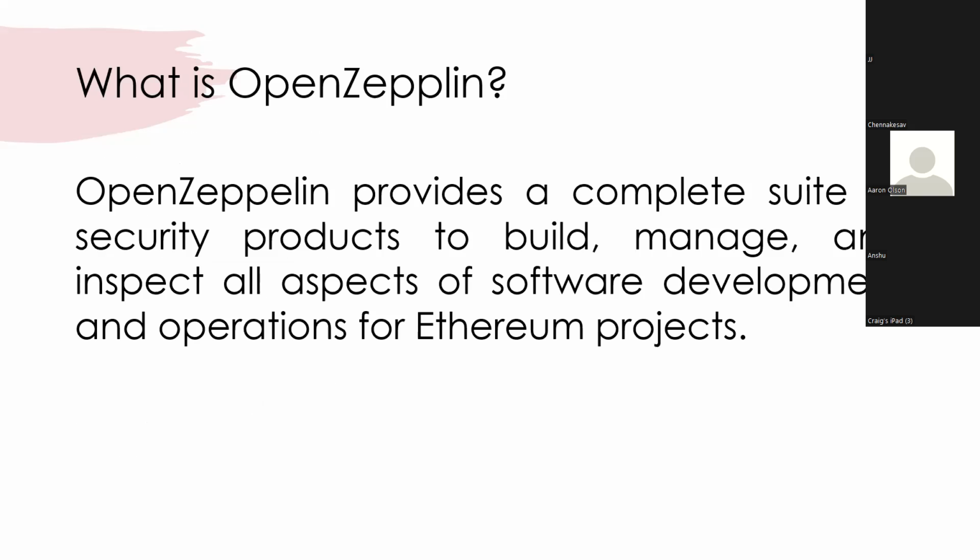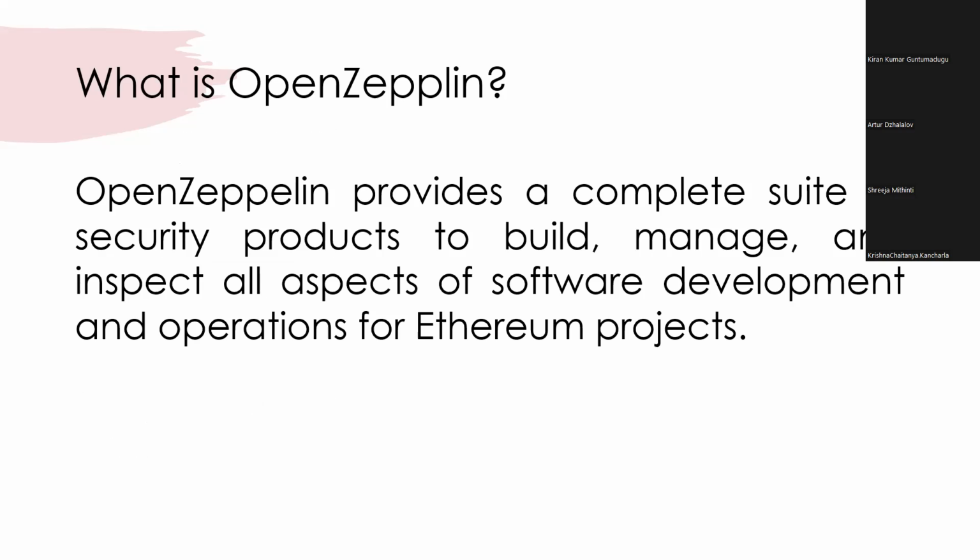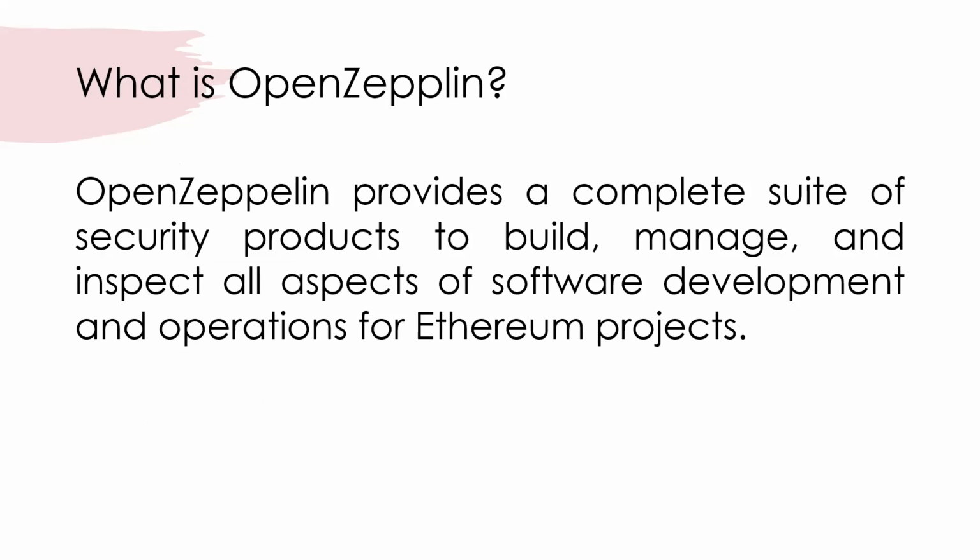So what's OpenZeppelin? It's a library essentially that provides a complete suite of security products to build, manage, and inspect all aspects of software development and operations for Ethereum projects. So essentially, it's a library already equipped with smart contracts that can do a lot of things for you already built.